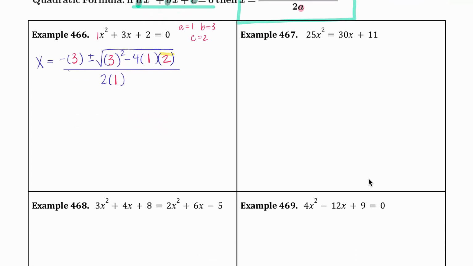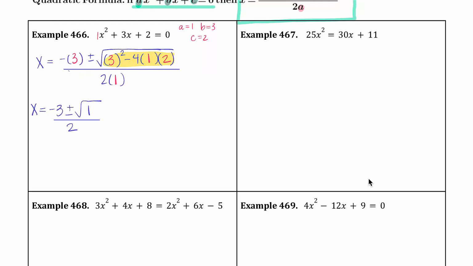The very first thing you're going to do is type in this yellow highlighted part, not the square root symbol, just type in what's underneath your square root sign. So if we do that, we get x equals -3 plus or minus the square root. When we type this yellow highlighted part in, we should get 1, divided by 2 times 1, which is 2.